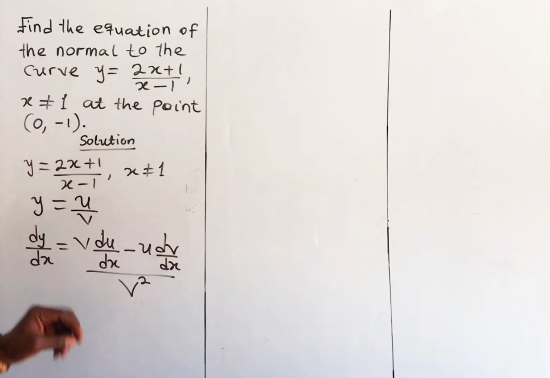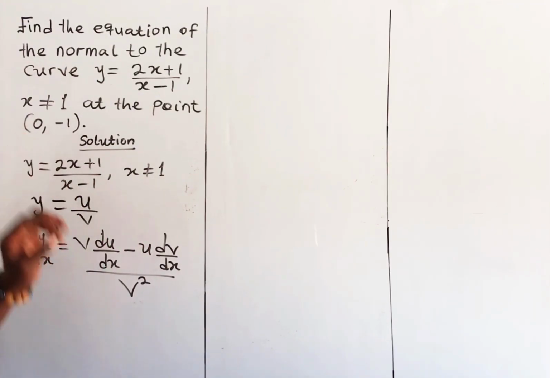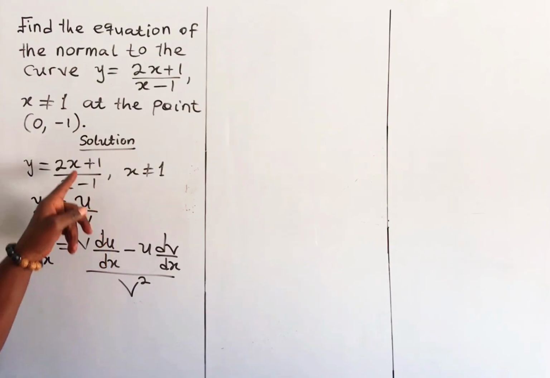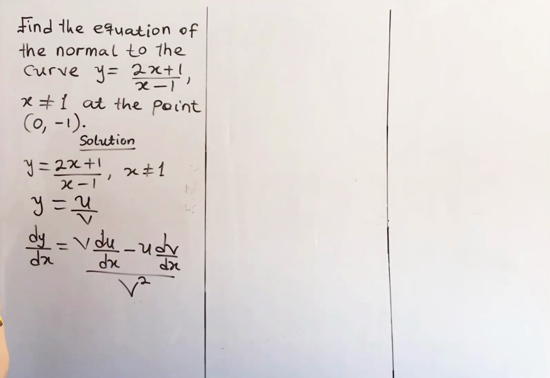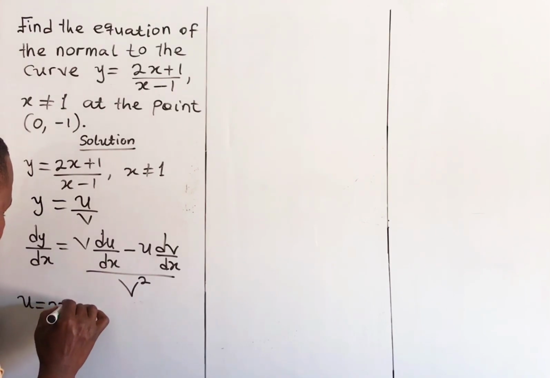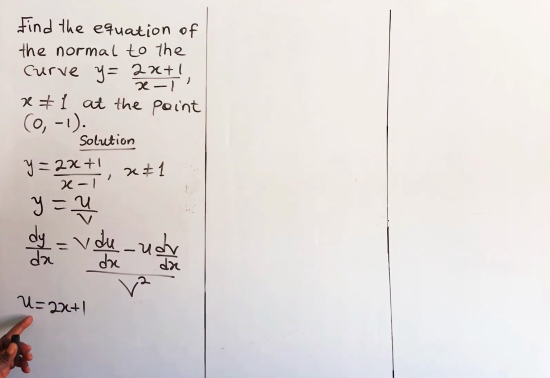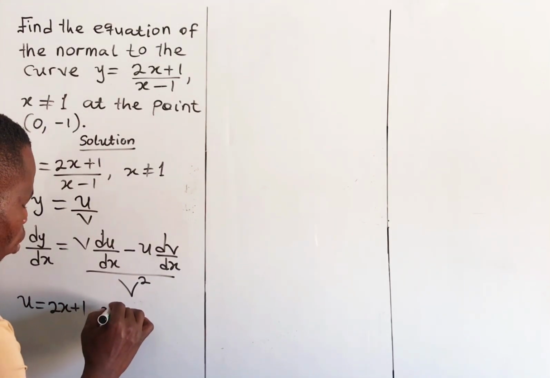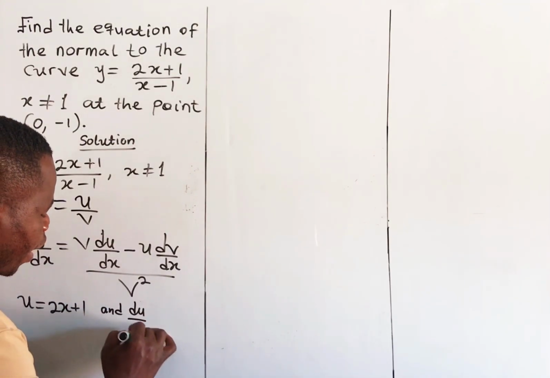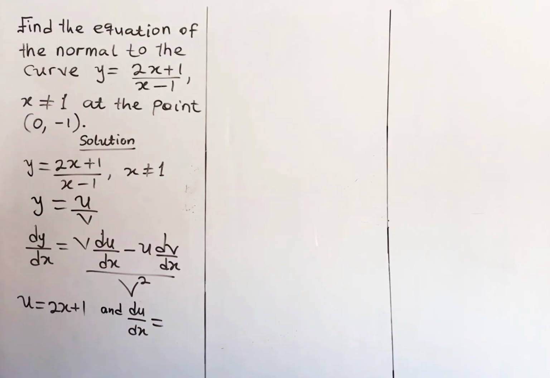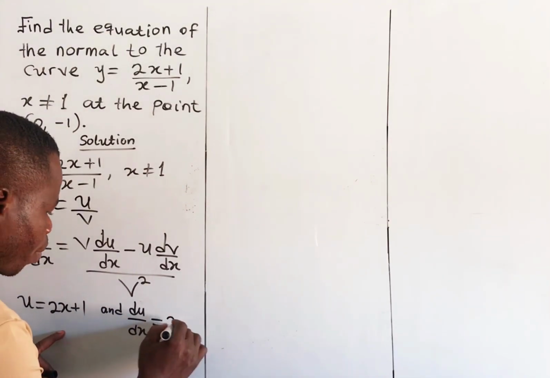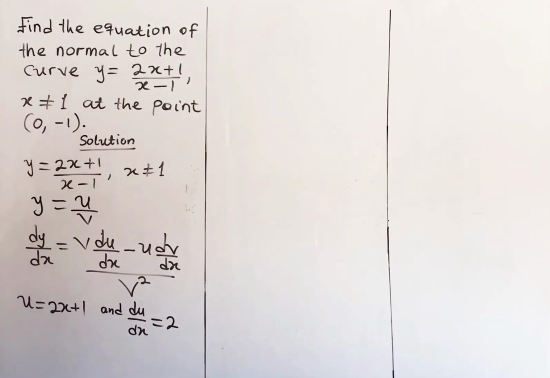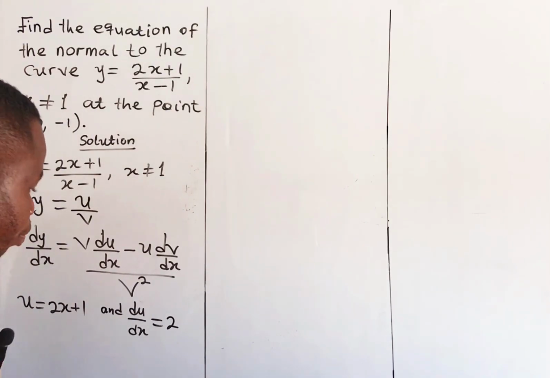Now, if I compare this equation and this equation, my numerator u here is the same thing as 2x plus 1. So I can say that u is equal to 2x plus 1. And I can differentiate this to get du dx. So du dx will be equal to the differential of 2x, which is 2, and the differential of 1 is 0, because when you differentiate a constant, the result is 0.